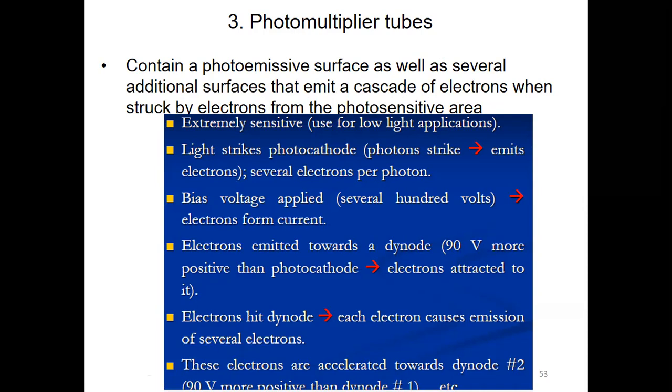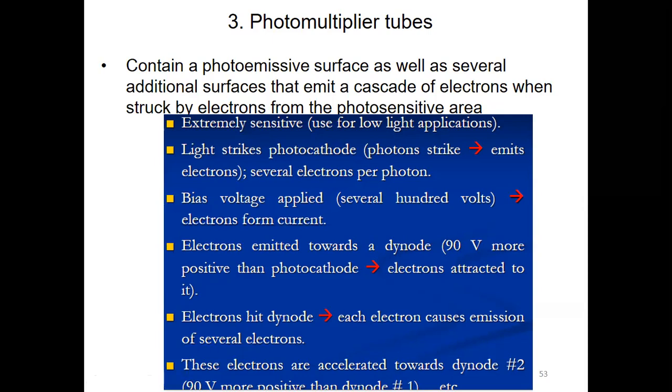Right? And this PMT, as we can abbreviate photomultiplier tubes, these PMTs are extremely sensitive, even with the low incoming light, because it multiplies the signal.